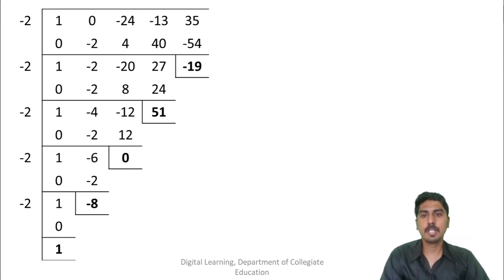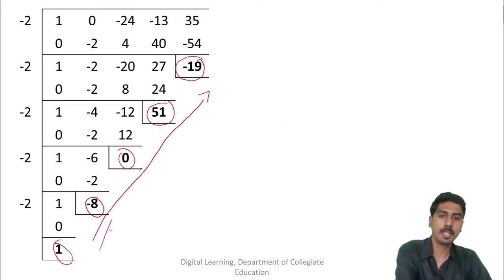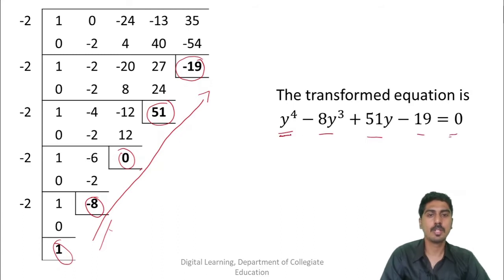When I use the synthetic division, I get the remainders as -19, 51, 0, -8 and 1. So the transformed equation is y^4 - 8y^3 + 51y - 19 = 0.